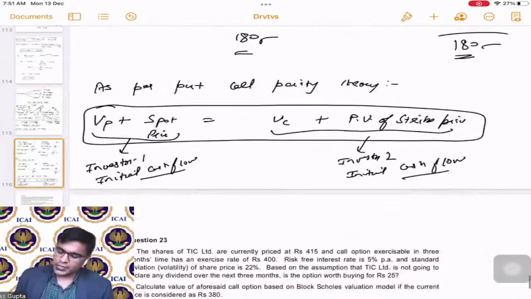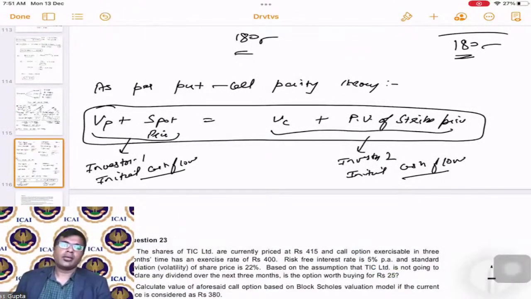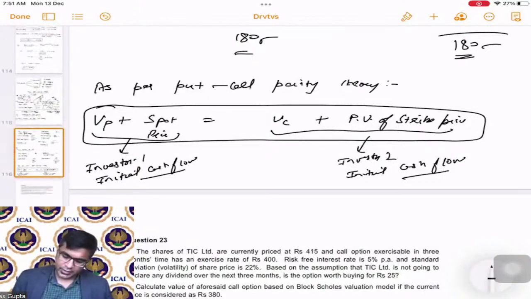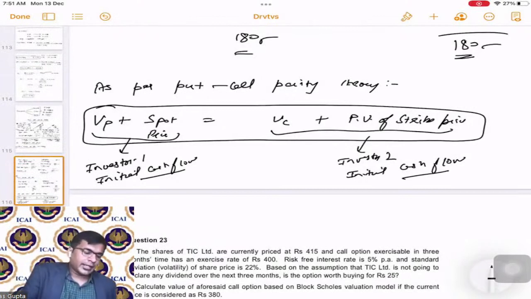Okay, students. So this is what the put call parity theory is. We will attempt one question, which is the last question, I think, in the assignment. And then we will cover some theoretical concepts.